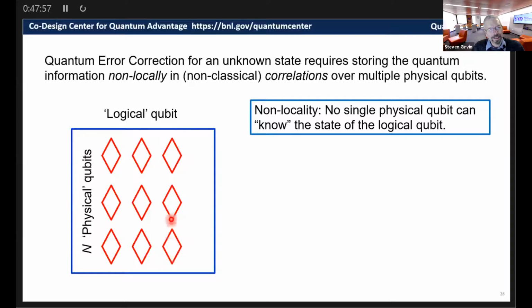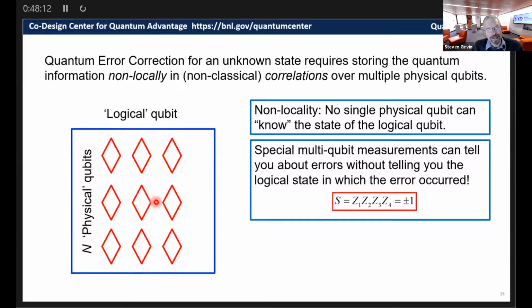Non-locally means that there's no single one of these physical qubits that, quote, knows the state of the logical qubit, whether we're storing a logical 0 or 1 or a particular superposition. Because if it did know that, then the environment could measure, or one of the qubits could collapse due to spontaneous emission of a photon or something. And then the environment would know the logical state and everything would collapse and it would be ruined.